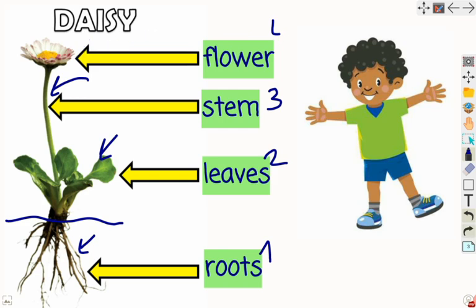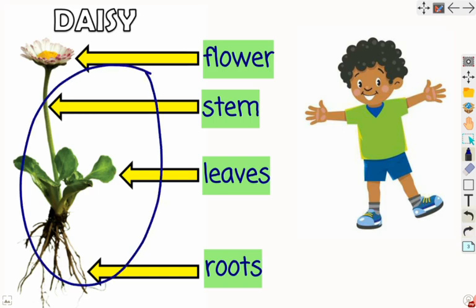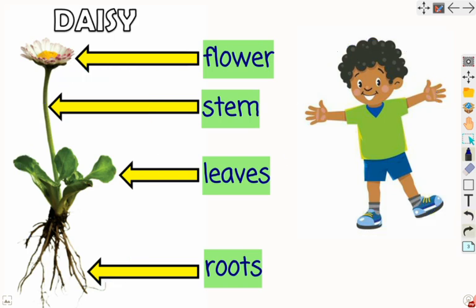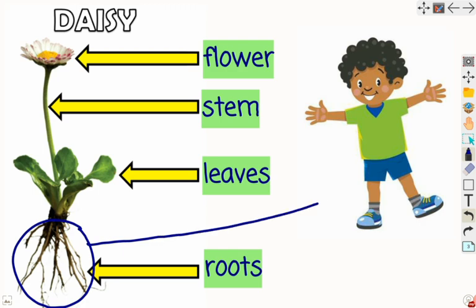Amazing. So I want to compare the parts of a plant with the body parts. Do you remember the body parts? Body parts, your body. Very good. You remember them, right? So the roots are maybe very similar to the legs. All right?